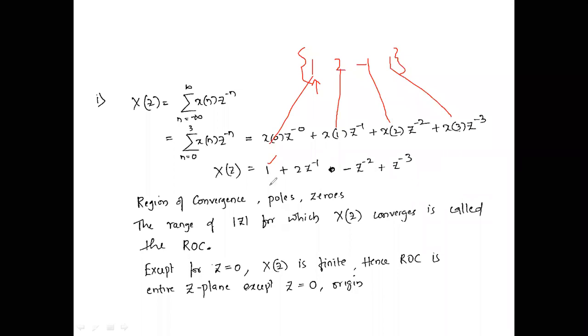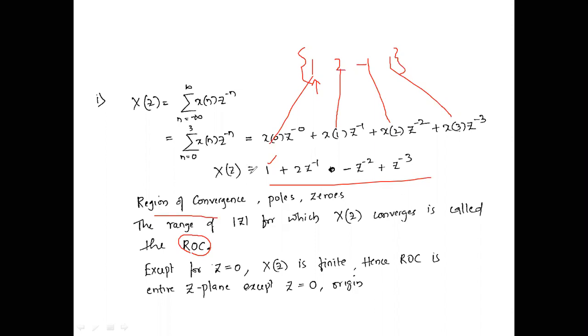So this is my Z transform. Now, unlike your Laplace transform or the Fourier transform, the Z transform comes with one more term. Every Z transform x of z has to be accompanied by this particular term. It is called ROC, the region of convergence. Whenever you give a Z transform answer, it has to be accompanied by a certain ROC.